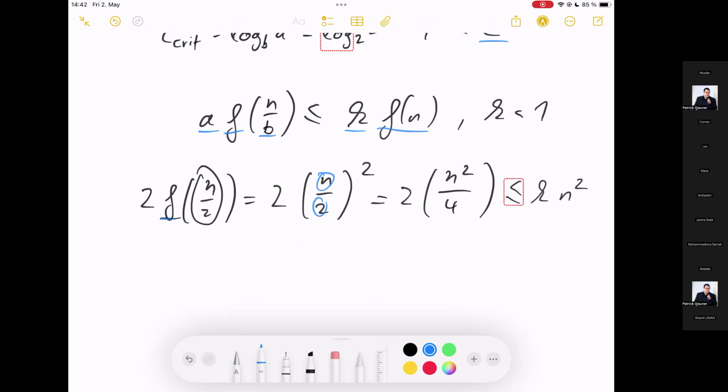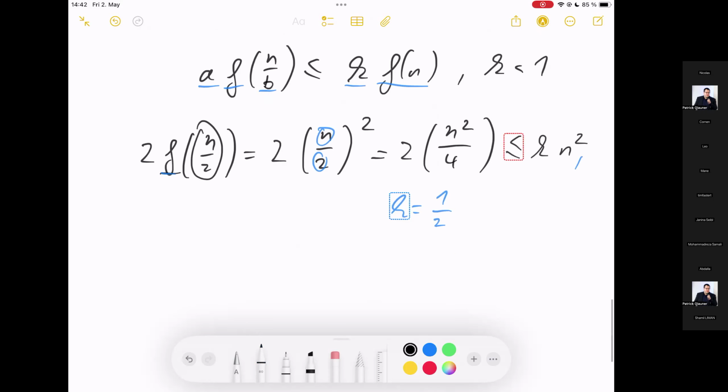So we have this k and this f of n. When we choose k being a half, this holds true. And k is less than 1, that's what we required. So we're in case 3. We're perfectly fine.